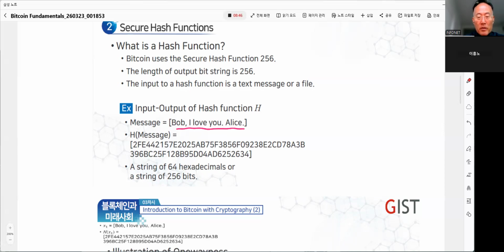So this is a number. This is an integer. Okay. The string of 64 hexadecimals, because each one is a 4-bit integer. So basically, you have 256 bits. Okay. So this is the hash output. This is the input.